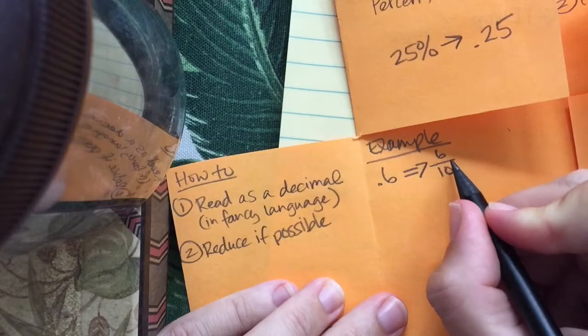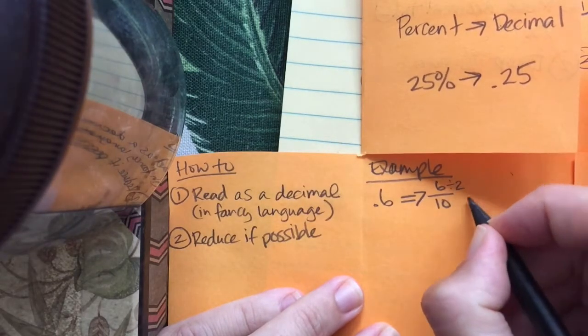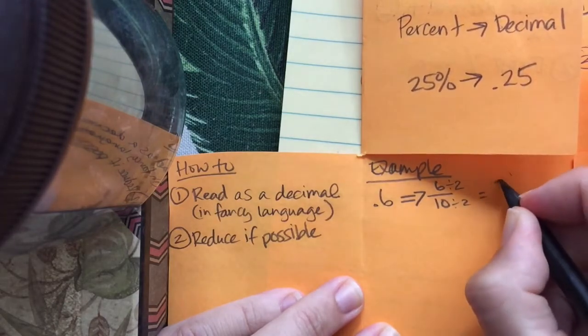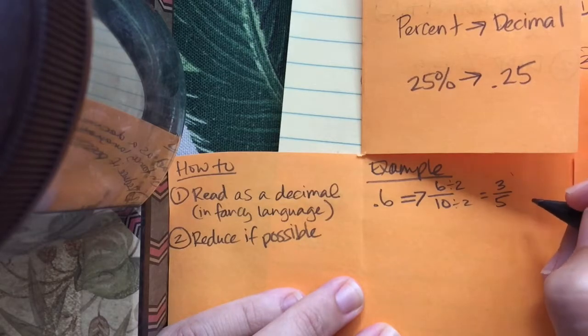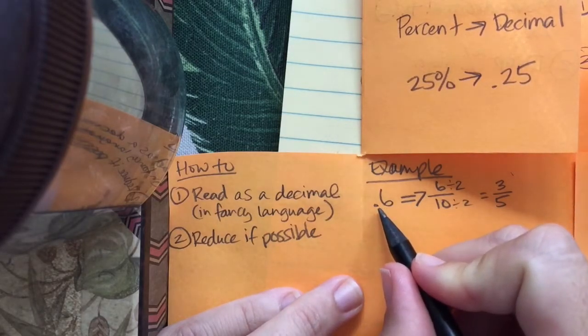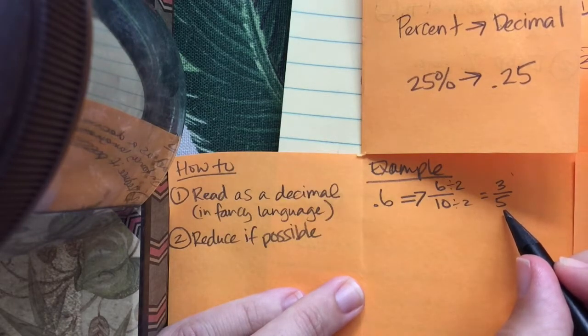So 6/10, can that be reduced? Well, you could start by reducing both by 2. So that would be 3/5, and can't be reduced any more than that. So that would be your answer. So 0.6 is the same thing as 3/5.